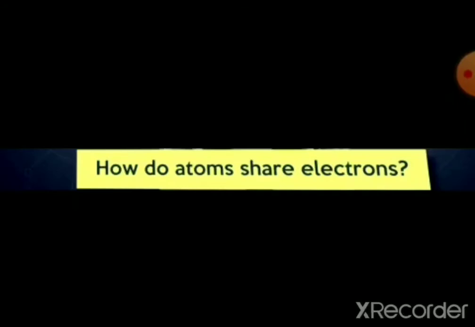So what can you do here? You can share your notes so that you can get both subjects' notes. Like that, atoms also share their electrons to complete their octet.